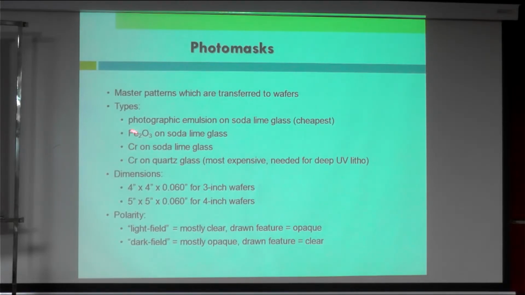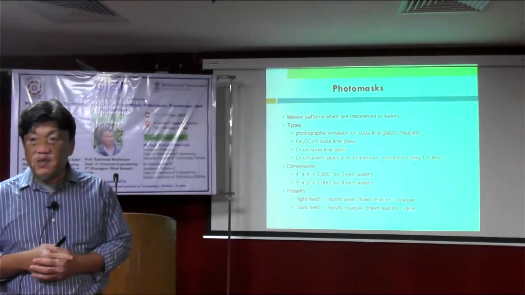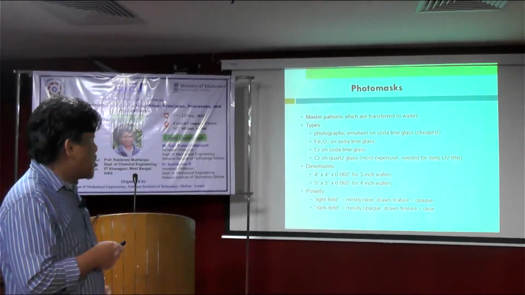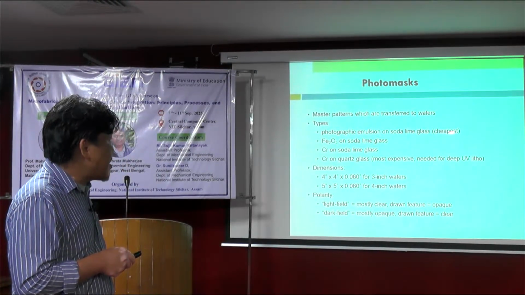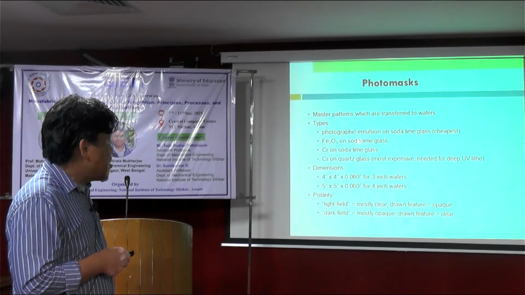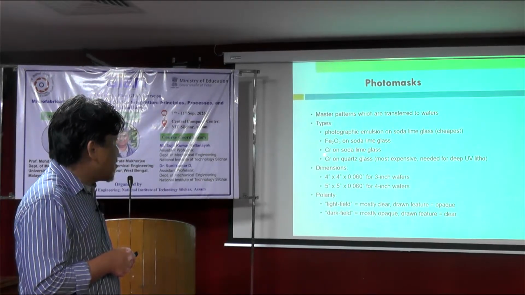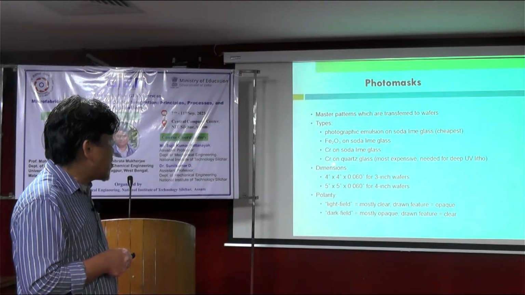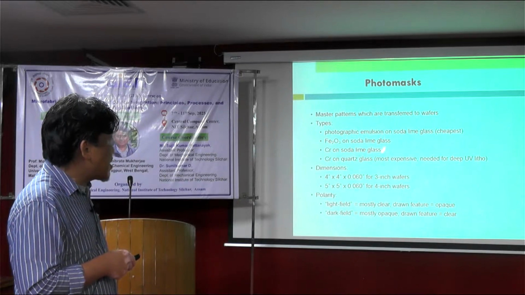The photomask is the master pattern which is transferred to the wafer. That is what we have been calling a photomask or mask. The types of photomask: photographic emulsion on soda lime glass is the cheapest, or Fe2O3 on soda lime glass, or chromium on soda lime glass, or chromium on quartz glass. These are the types of photomask that can be used.